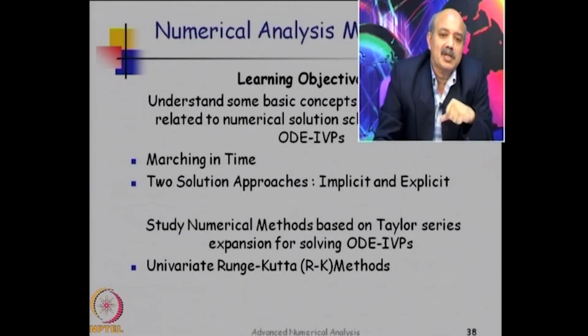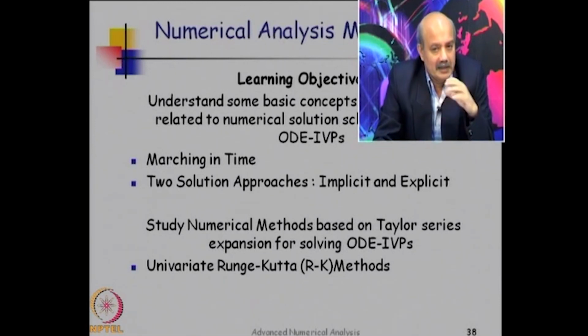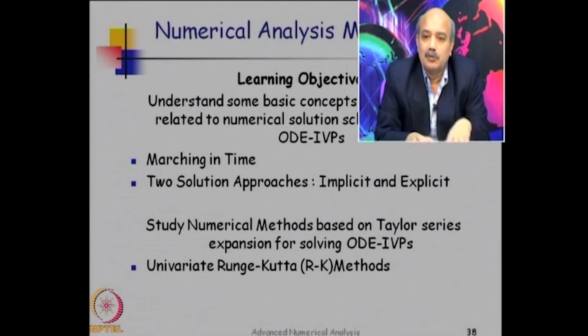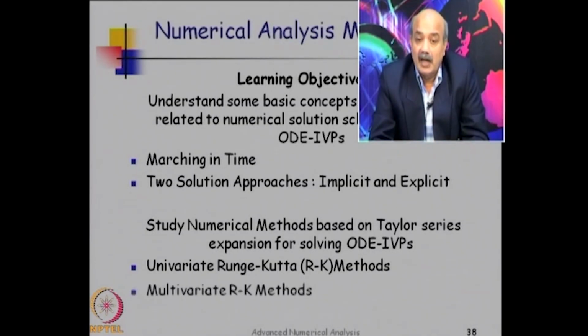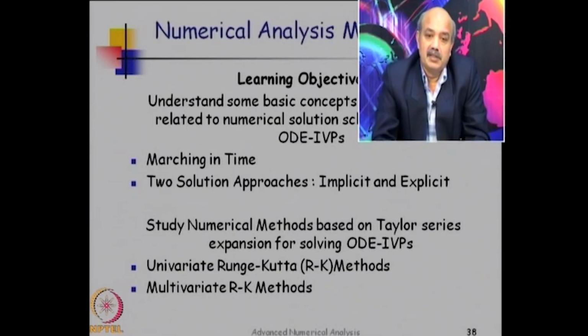Popularly these methods are known as Runge-Kutta methods. They actually arise from Taylor series approximation, and this is where I relate it to the approximation theory part that we have done earlier. So, we will actually derive here Runge-Kutta methods starting from basics initially for a scalar case and then move on to the multivariate case.